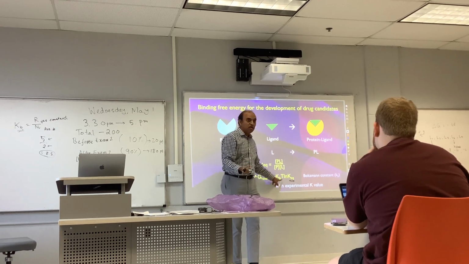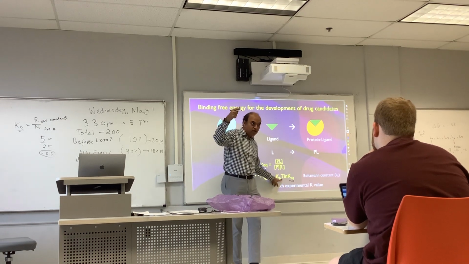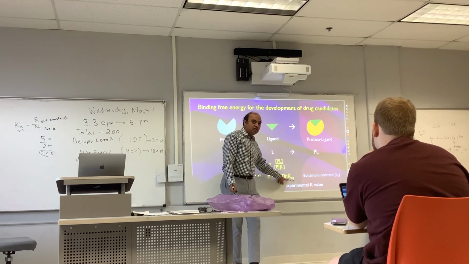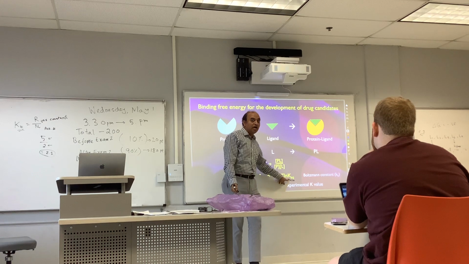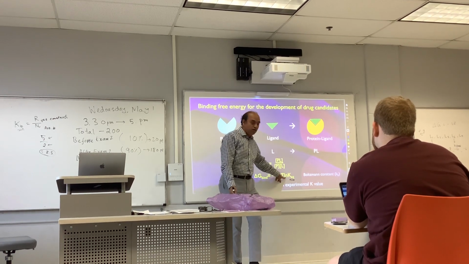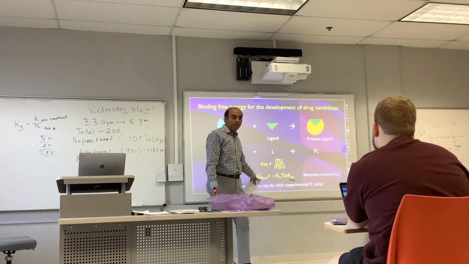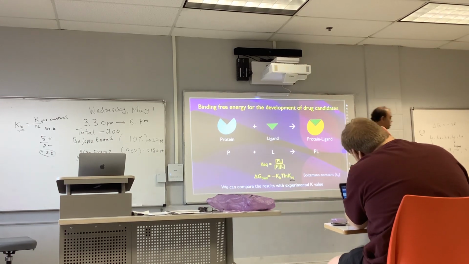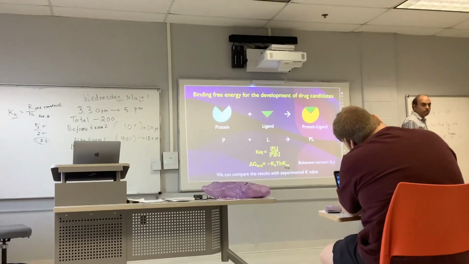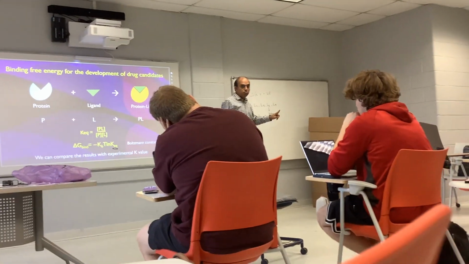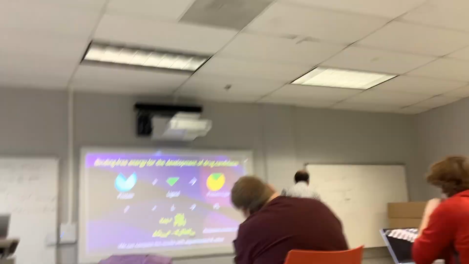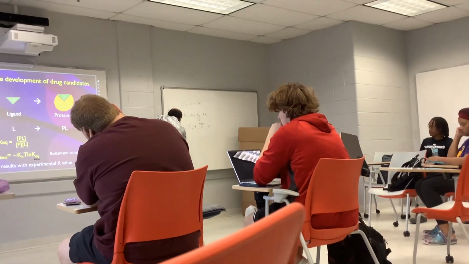So Kb is constant, T you get from the thermometer, and you measure the K equilibrium from the experiment. You multiply this, use the ln, and you are going to get delta G for binding. Got it, guys? So from the experiment you get K equilibrium.